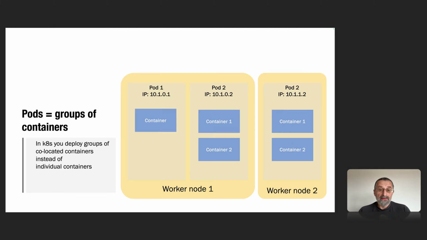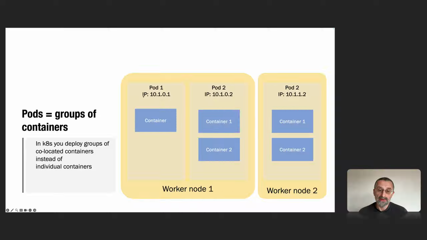Now the next very important concept: when you manage a Kubernetes, you will find many different ways of running, stopping, managing so-called pods. Pods are group of containers. So for example, on a given worker node, you may have two different pods.